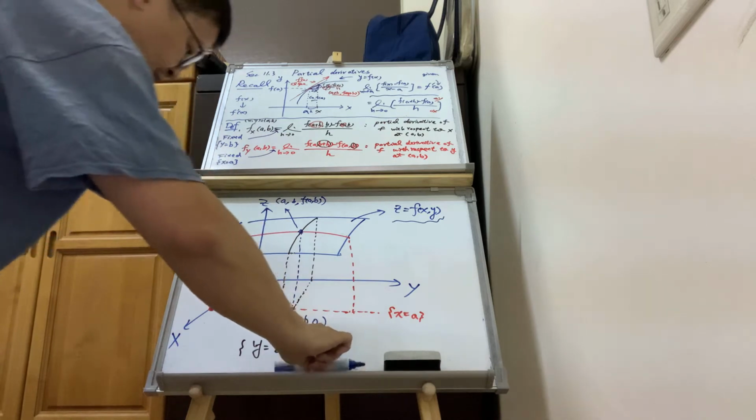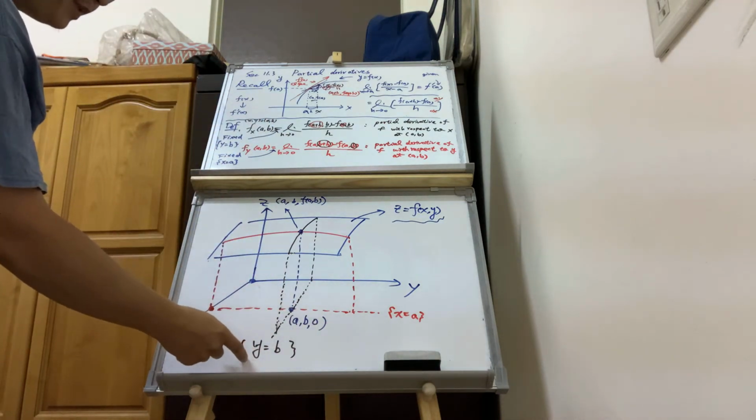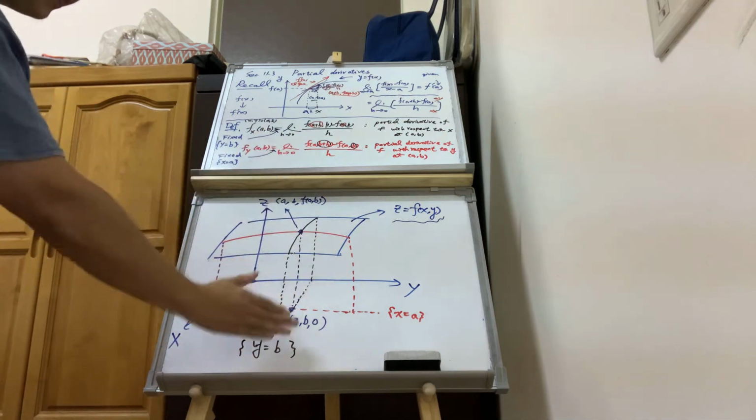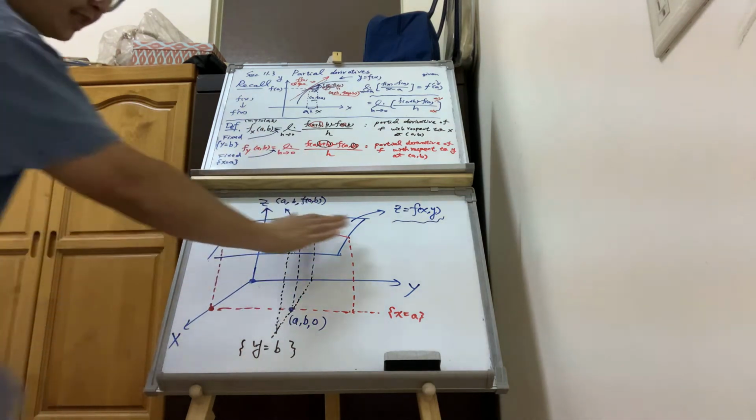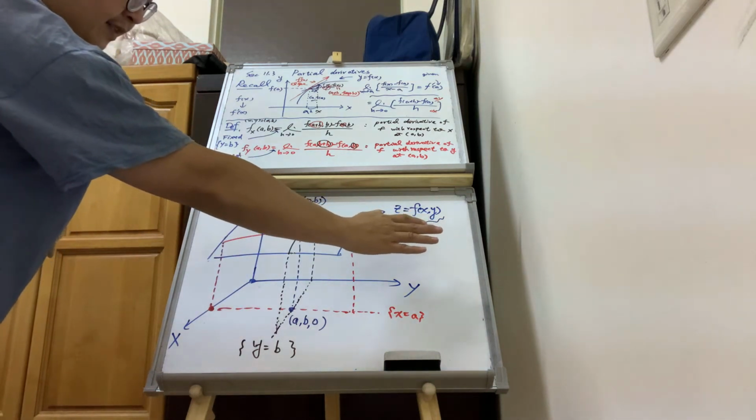And then in the first definition, it means that we fix y equals b. So we fix the plane. It's the graph of the function z equals f(x, y), right?